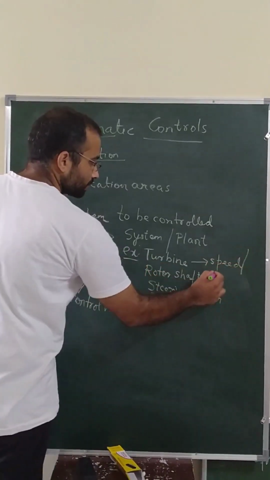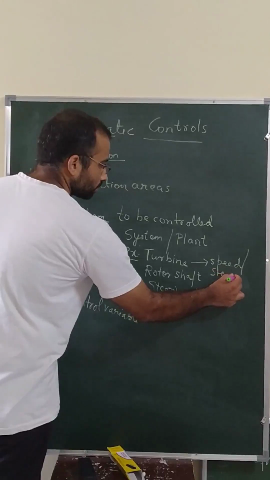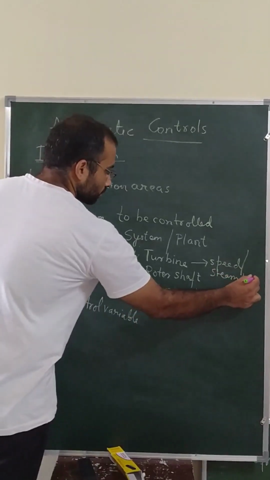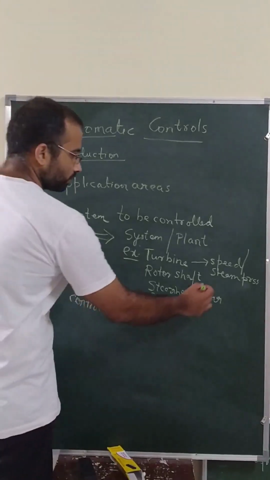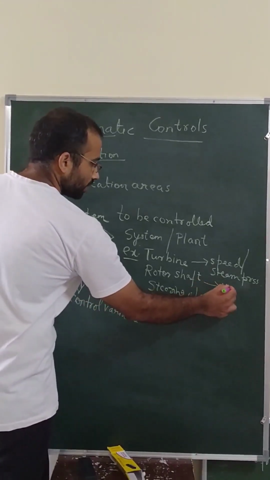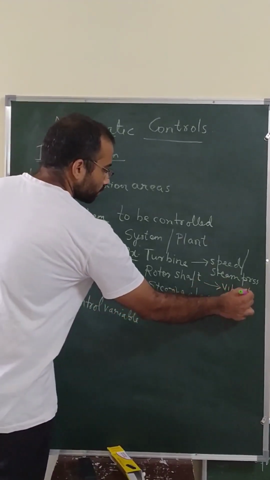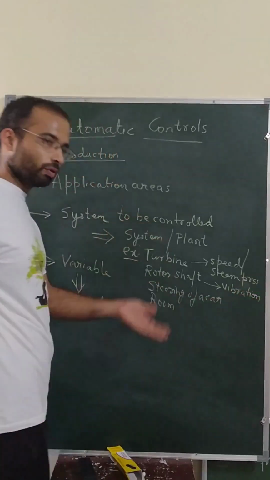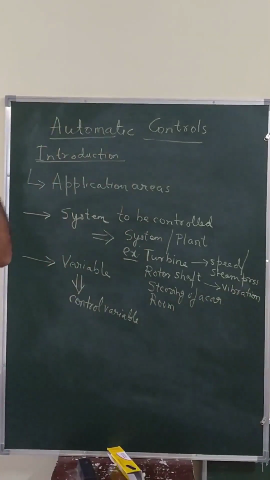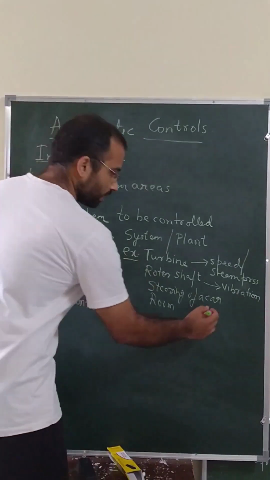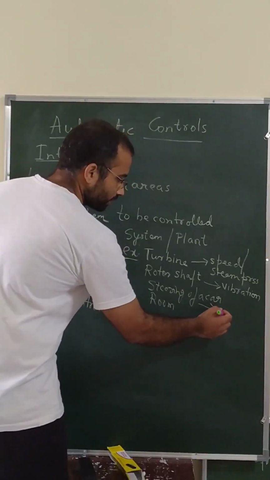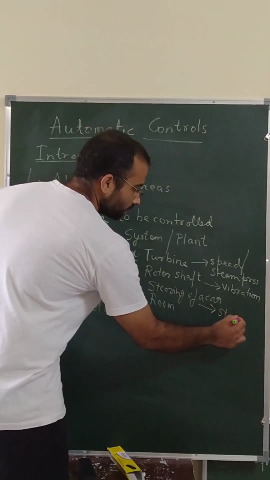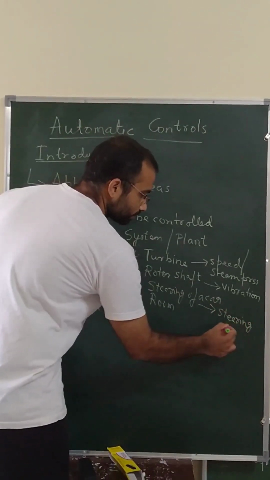In a rotor shaft, it again could be the vibration of the shaft or its displacement from the mean position that you wish to control or mitigate. In steering, again you wish to, let's say, control its angle, the steering angle. That could be the control variable.